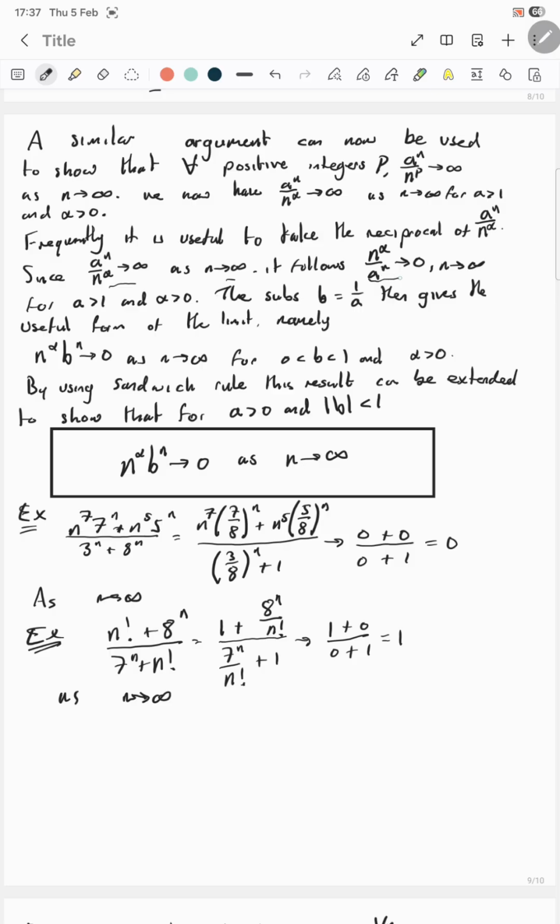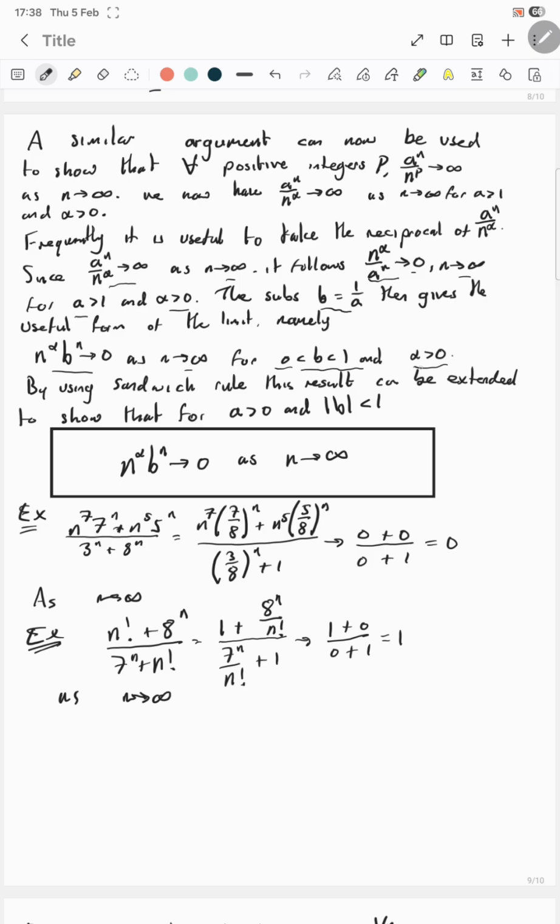It follows that the reciprocal of this will go to 0 as n goes to infinity, for a greater than 1 and alpha greater than 0. The substitution b equals 1 over a then gives a useful form of the limit, namely n to the alpha times b to the n goes to 0 as n goes to infinity, for b between 0 and 1.